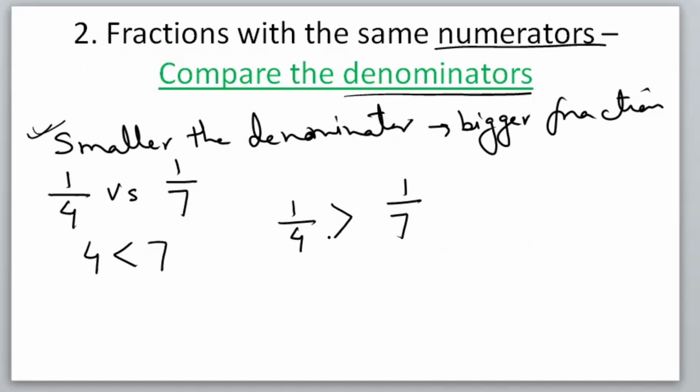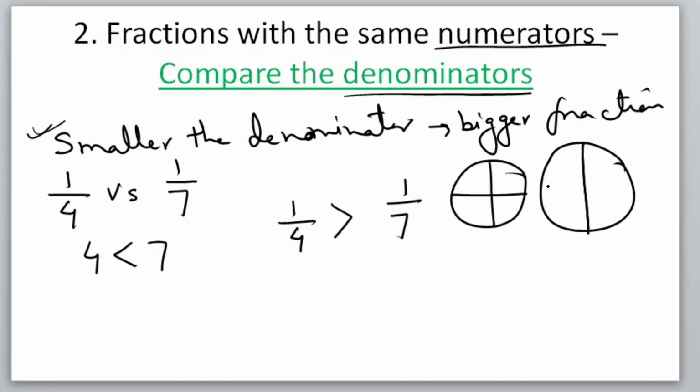Why does it happen here? Just take a pizza, okay? And cut this pizza into 4 equal slices. And take another pizza and cut it into 8 equal pieces. Now compare one piece of each pizza. This is one slice, and this is one slice of the other pizza.